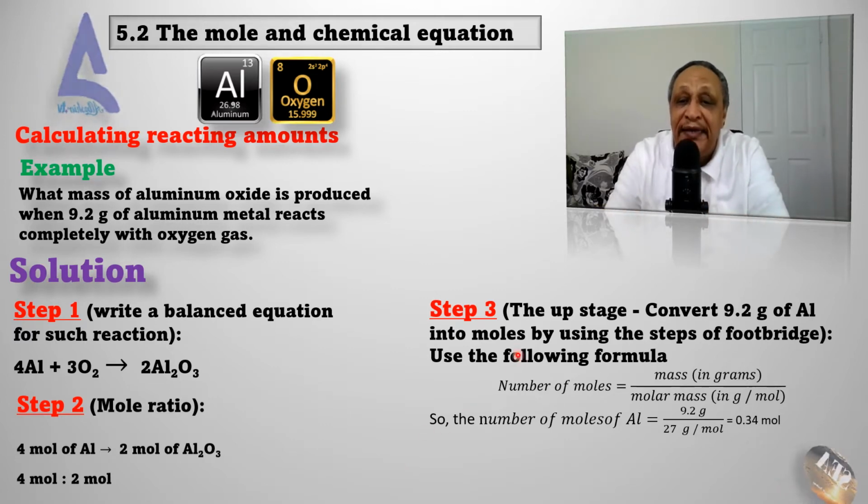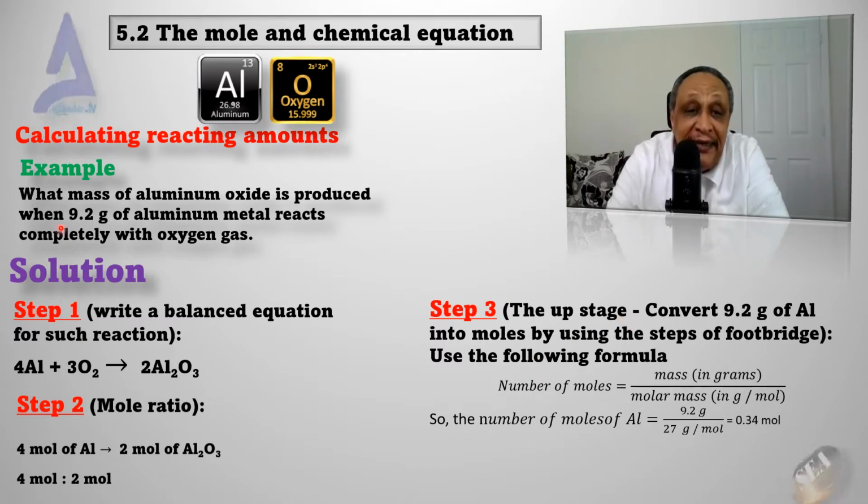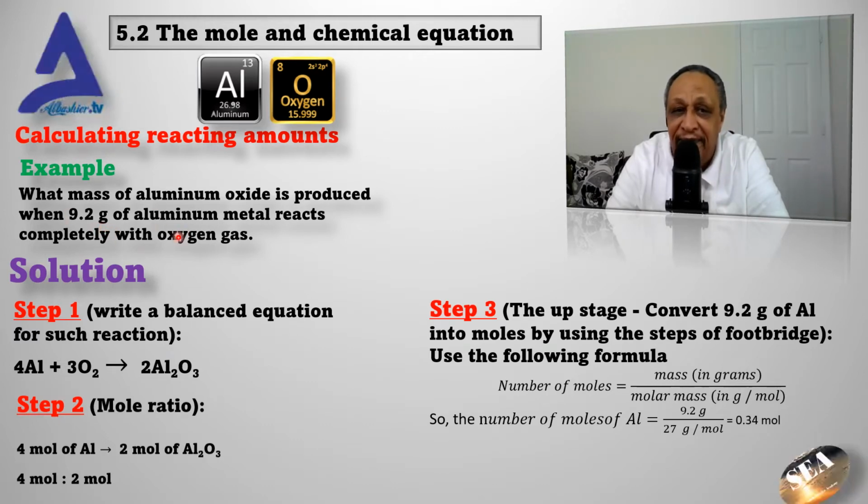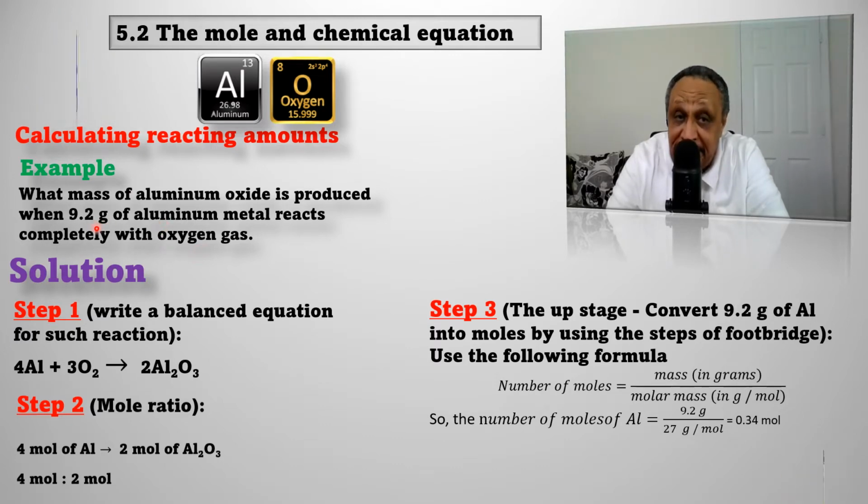So how many moles of aluminum are in 9.2 grams of aluminum? This is the mass that I have.